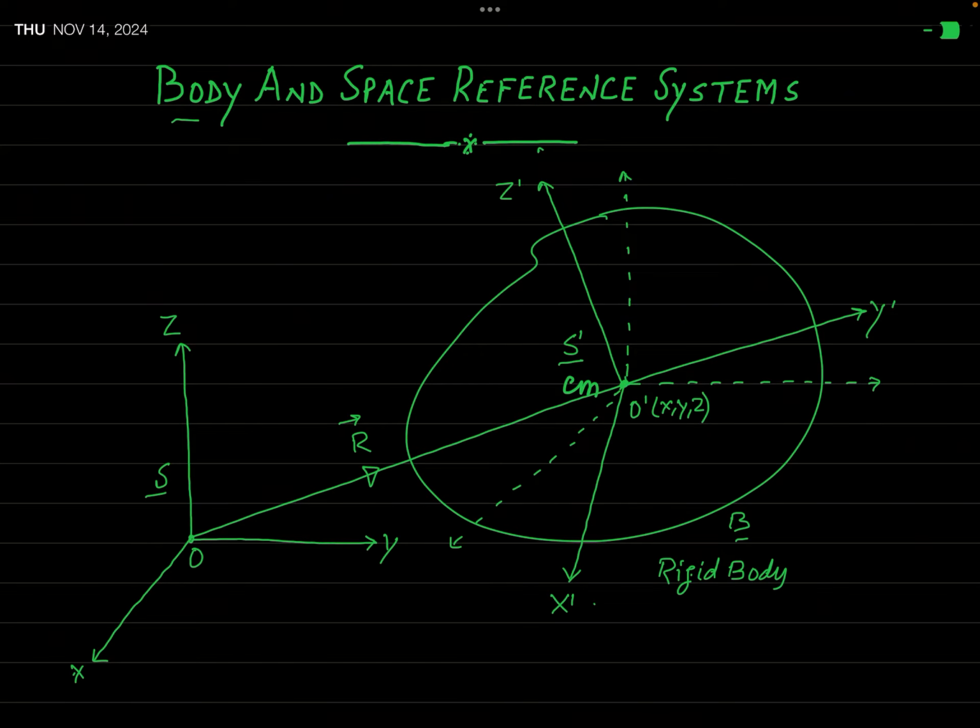Clearly, three coordinates are required to specify the origin O prime of this body set of axes relative to the origin O of the space reference system.